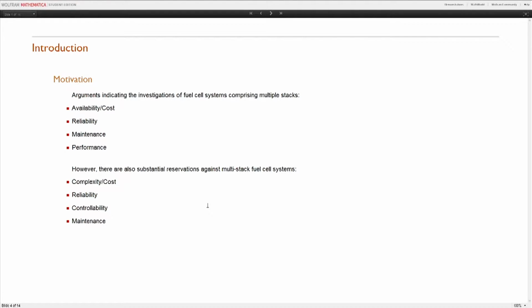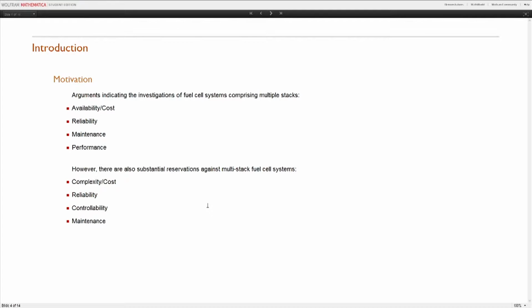Reliability would be a point of view: when you have several fuel cells and one causes damage, it might be that not the whole system breaks down, because there are spare parts that can take over at least part of the load. Maintenance would be another point, because especially for stationary applications with continuously running operation, people often ask whether, if we have 2 fuel cell stacks, the maintenance procedure can be done on one stack while the other one goes on with a partial load.